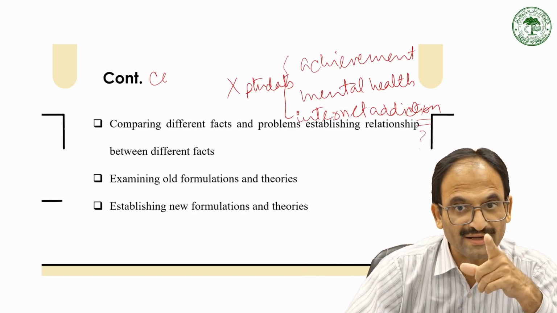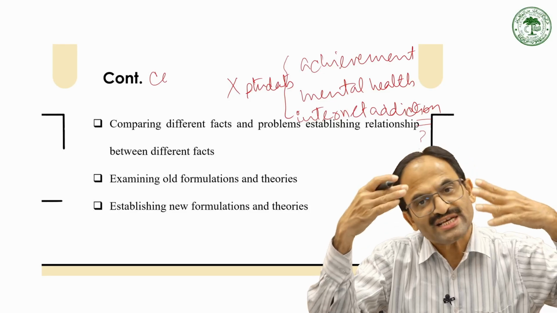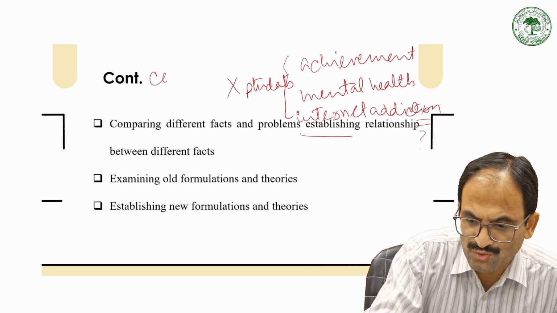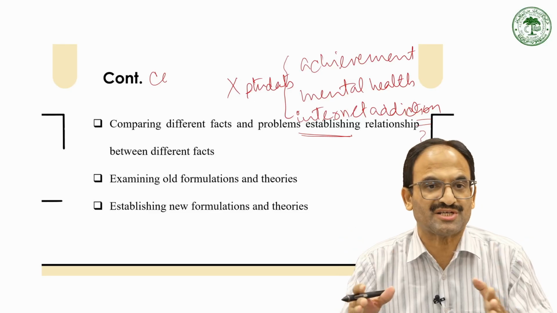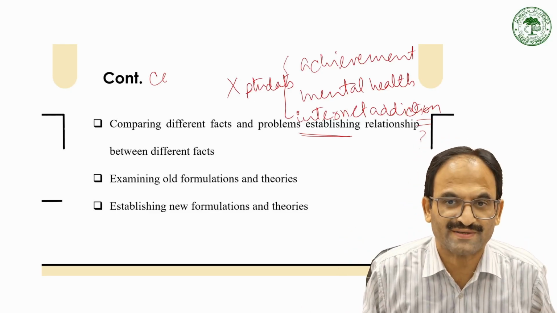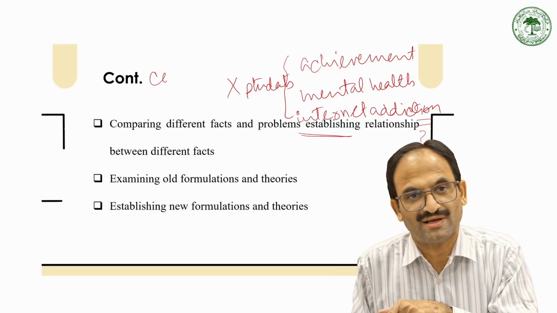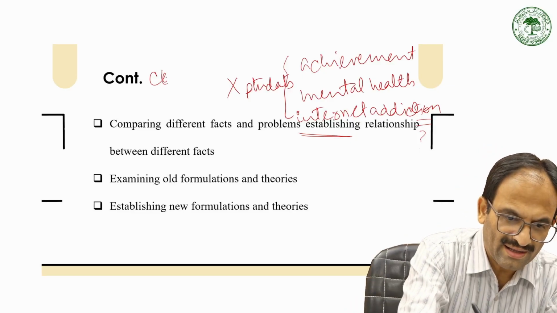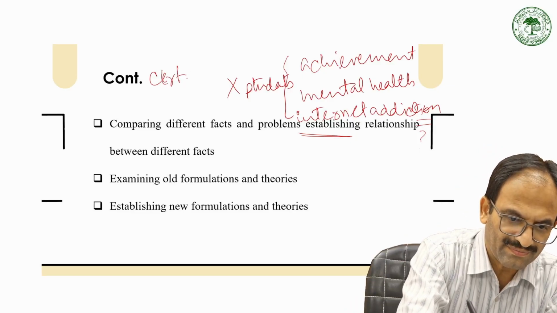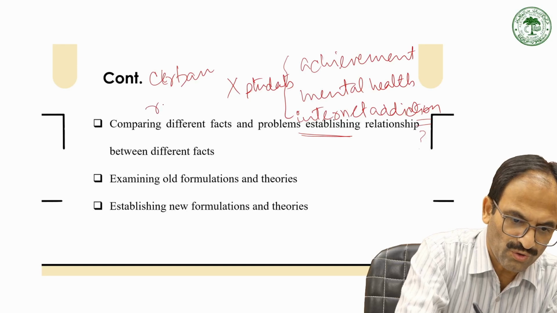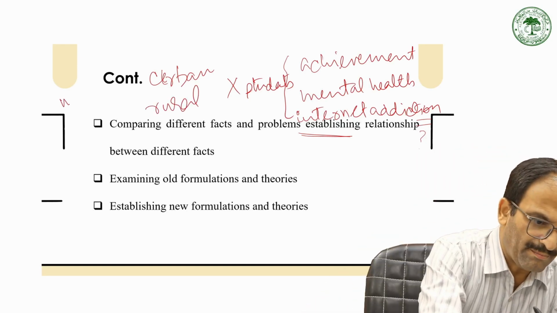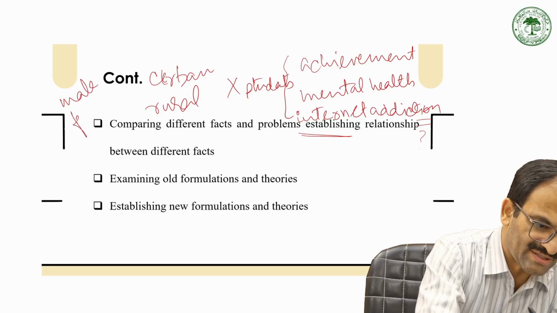In that problem I tried to establish relationship between different facts. And not only I did this, I also compared urban and rural students. I compared male and female students.